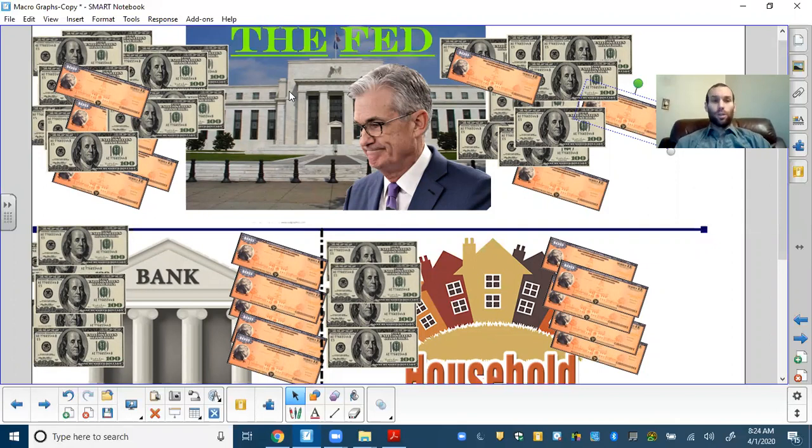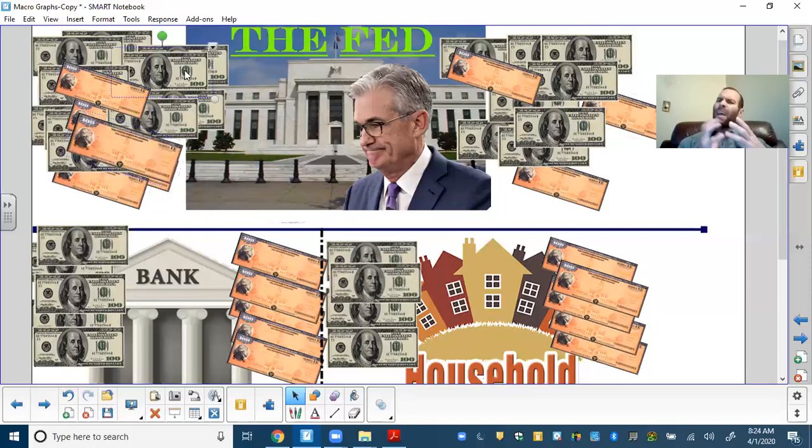So in the Federal Reserve, they have money and they have bonds. So this is essentially a bond, and you guys can kind of see what it looks like there. And the Fed also has a lot of money. You might say, how much money does the Federal Reserve have? And the answer is the Federal Reserve has as much money as it wants, because the Federal Reserve is what gives your money its value.